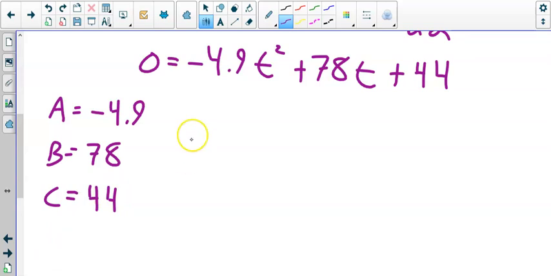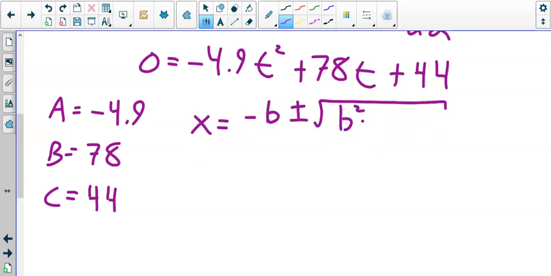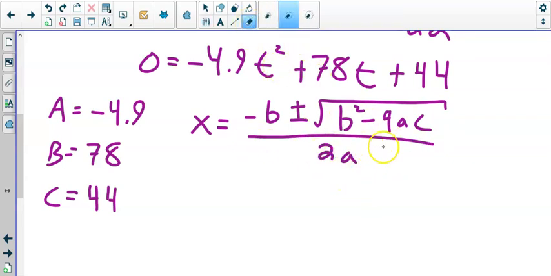So, we're going to run that x equals the opposite of b plus or minus square root b squared minus 4ac all over 2a. But again, remember in the end, we get to round. So we don't have to worry about reducing the radical or reducing the fractions. We just got to get all of our numbers where they need to be.